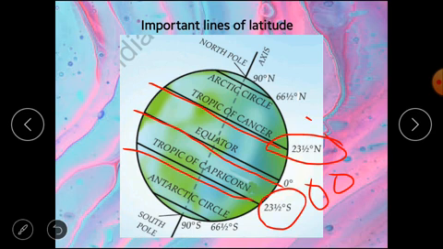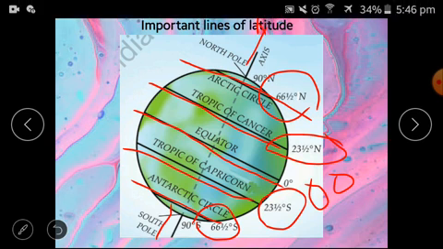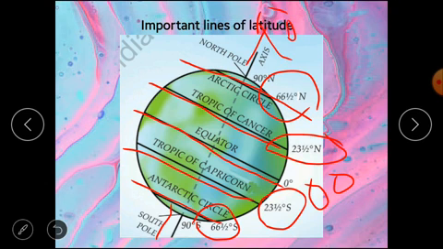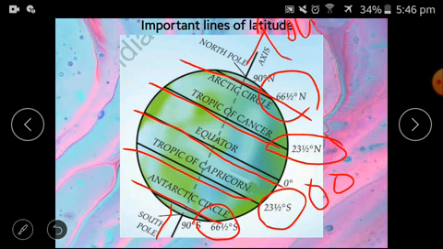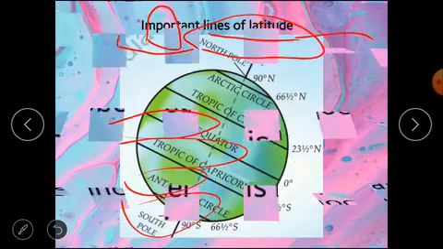Similarly, the Arctic Circle is located at 66.5 degree north, and the Antarctic Circle is at 66.5 degrees south, and the North Pole and South Pole are at 90 degrees. That is, North Pole is at 90 degree north, and South Pole is at 90 degree south.